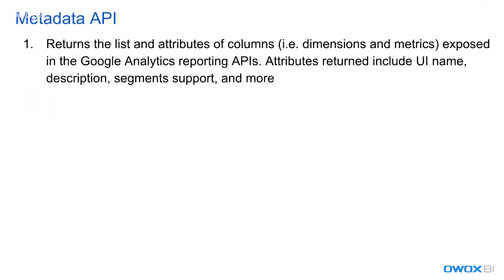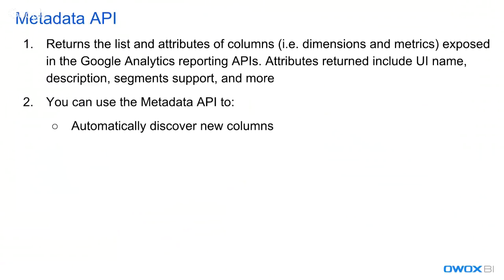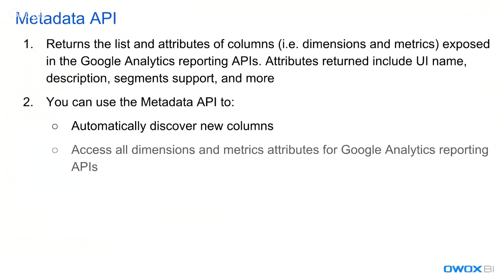Attributes returned include user interface name, descriptions, segments support, and more. You can use the Metadata API to automatically discover new columns, to access all dimensions and metrics attributes for Google Analytics reporting APIs.